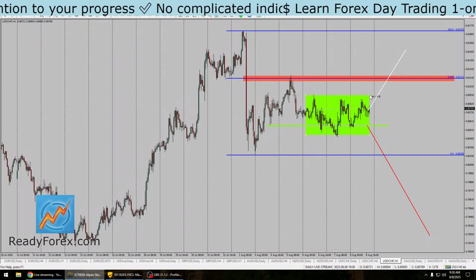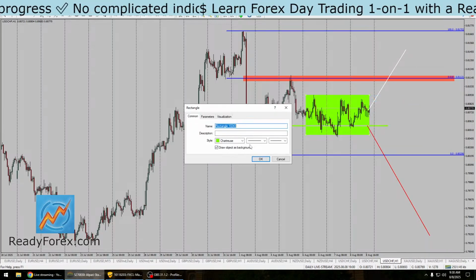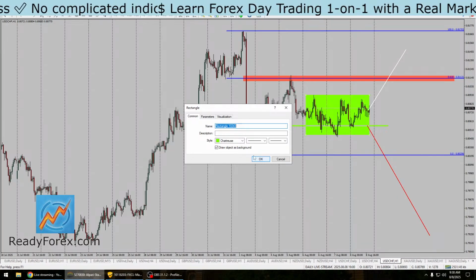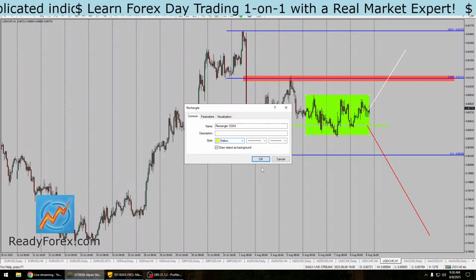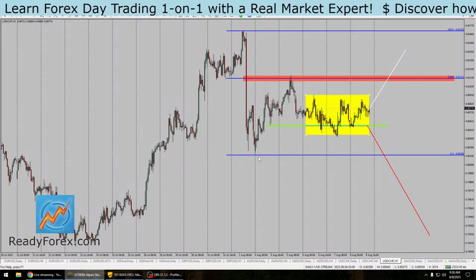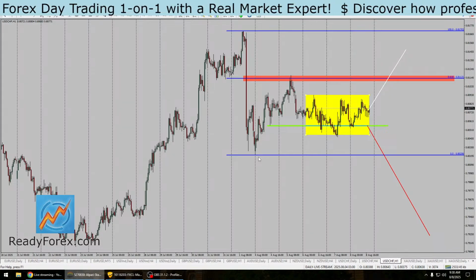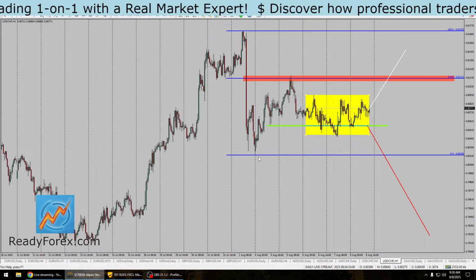It's moving in a trading range basically, and the range is telling me that the market is going to show us a breakout probably on Monday or Tuesday. On coming Monday or Tuesday, expect a breakout.